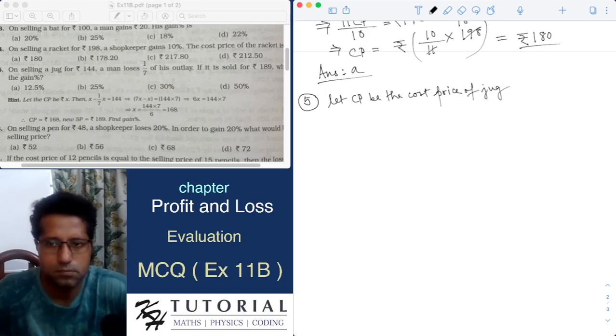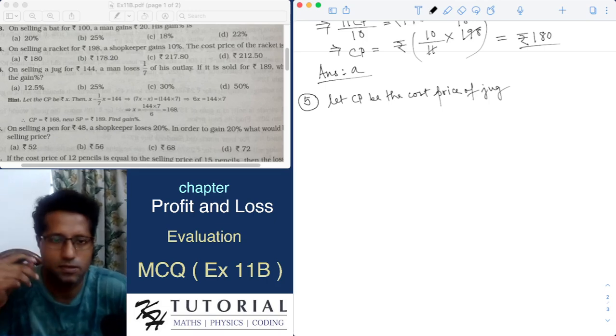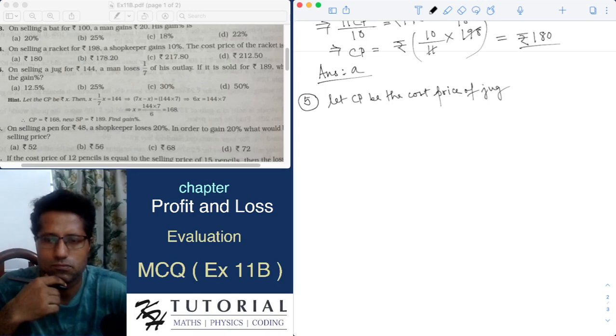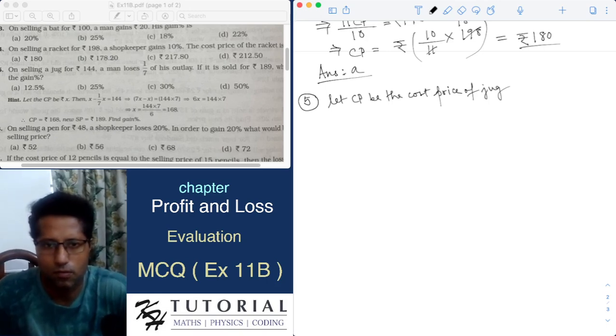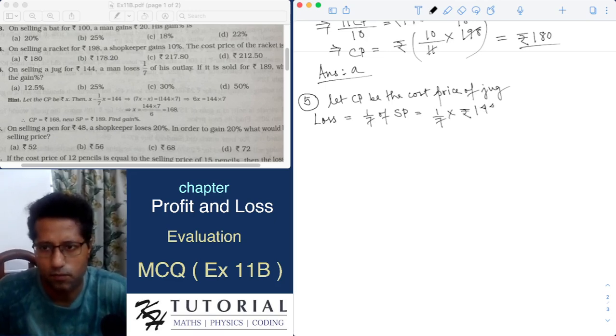Now a man loses 1/7 of his outlay. I'm assuming the outlay is the selling price. So the loss is given to be 1/7 of the selling price. This is 1/7 multiplied by rupees 144, which is rupees 21.